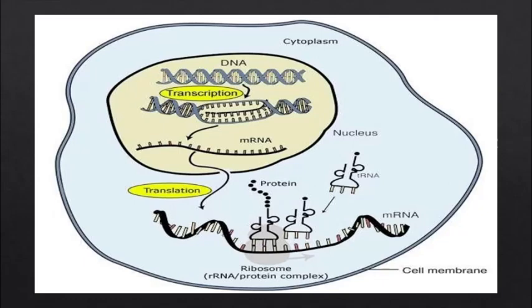Now the mRNA has the message for the proteins which it has coded from the DNA. Now the mRNA leaves the nucleus. You will see in the picture the mRNA is leaving the nucleus and it will move into the cytoplasm where it will find a ribosome. This is where the translation occurs.